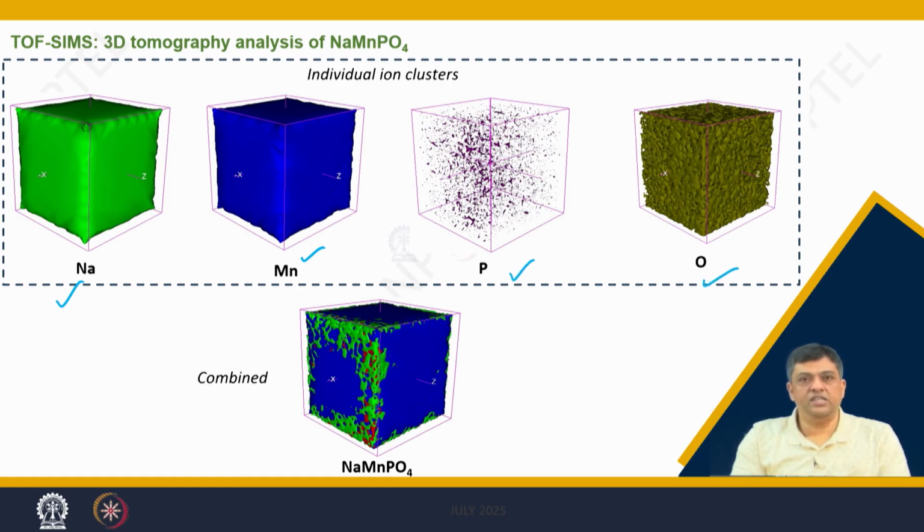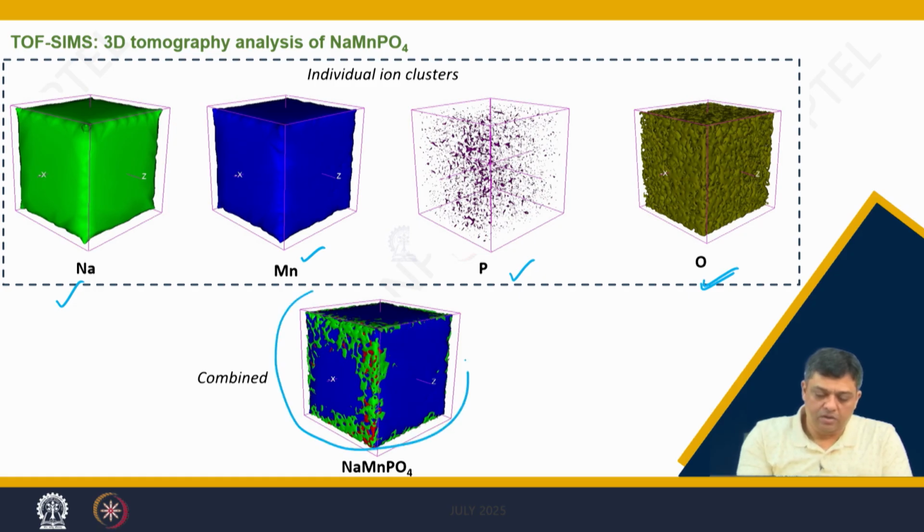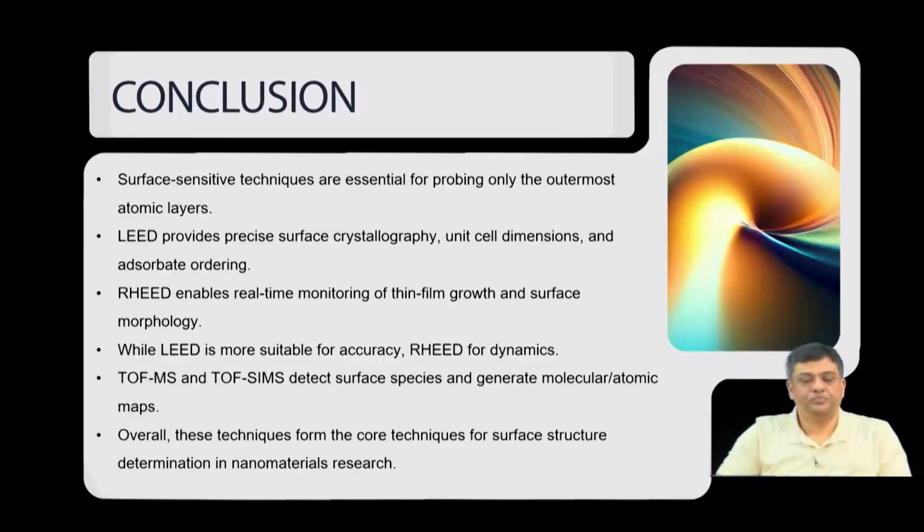You can clearly see sodium is distributed, manganese is distributed, phosphate is distributed and oxygen is distributed, and that gives you the combined sodium manganese phosphate studies. And you can see how the ions are distributed on the surface of these samples.